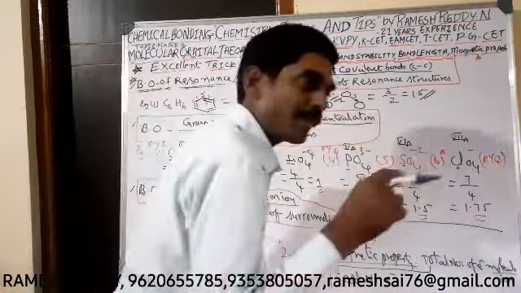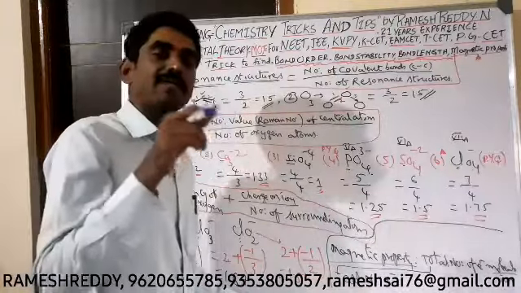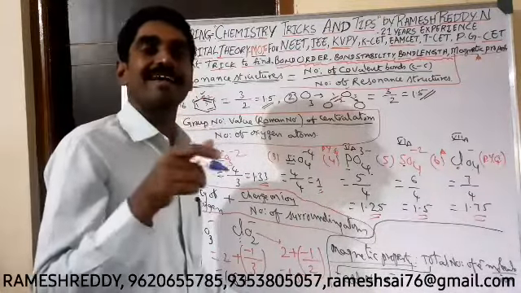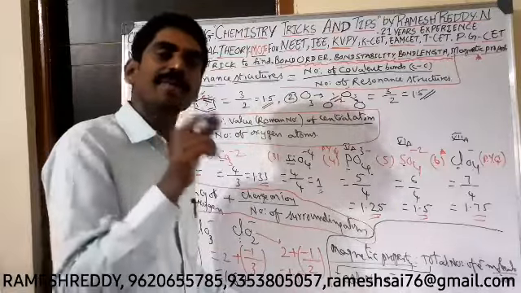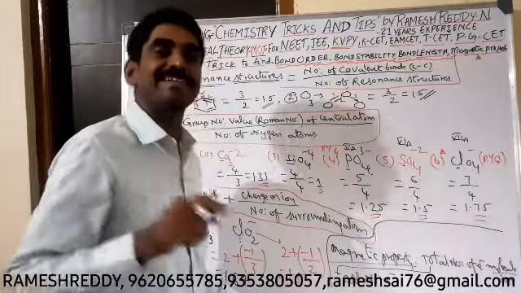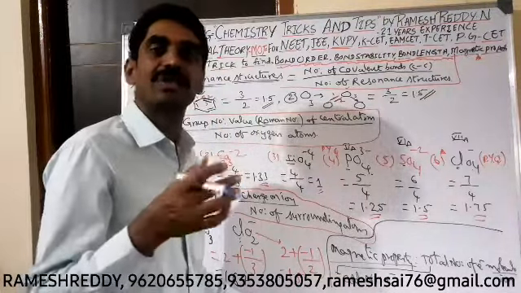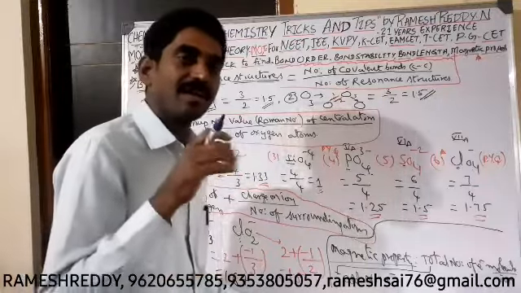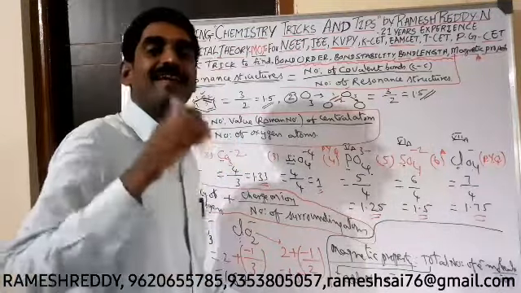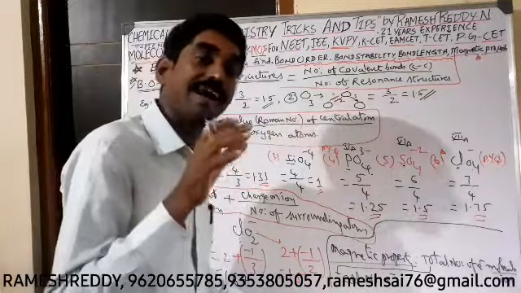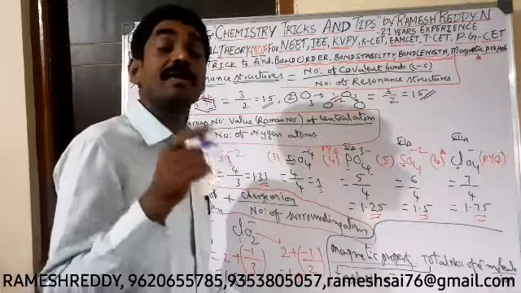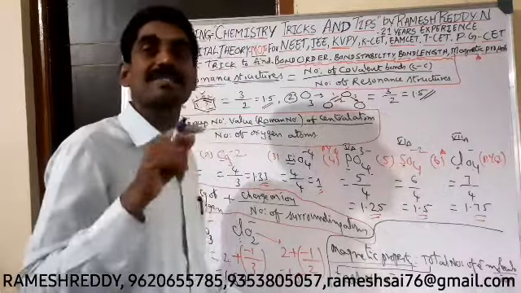You know the magnetic property of the given molecule or ion is either para or dia. How can you say? If a minimum of one unpaired electron is present, that is para. If there are no unpaired electrons, that is dia.